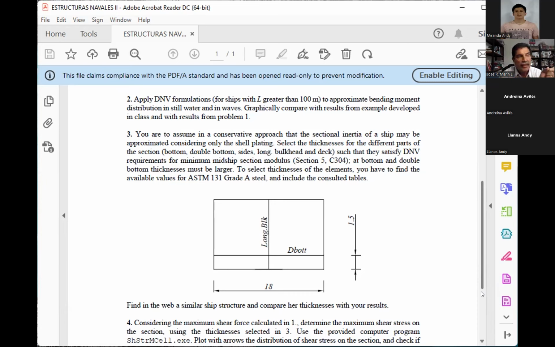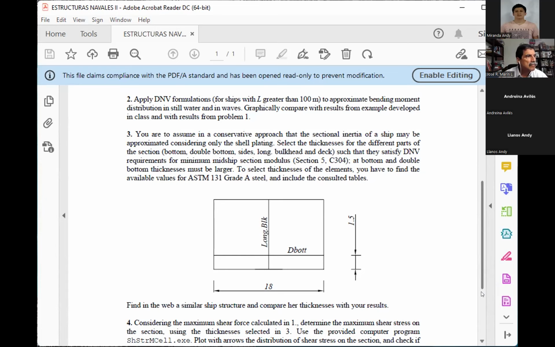That rule will specify the minimum, so you have to satisfy that. What you have to do is set up a table with these elements, and play around with the thicknesses. Okay, go on.